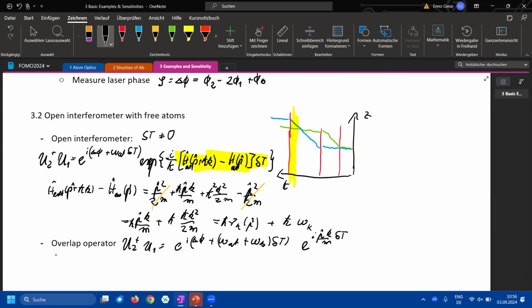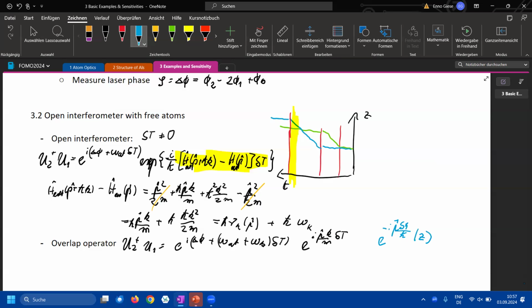And now this is not the identity anymore, and we will not observe perfect overlap. Just as a side remark, this here is a displacement operator in position. If I have e to the minus I p k over m delta t over h bar, call it a position displacement zeta, acting on the position, this calculation follows exactly what we did for the momentum operator, just for position, the momentum kicks that we discussed.